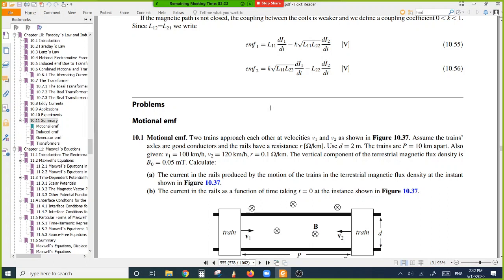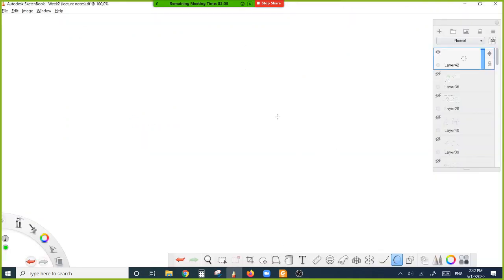This book seems to be easier and more practical. Okay, I will upload this book also to Moodle or to the Telegram channel.